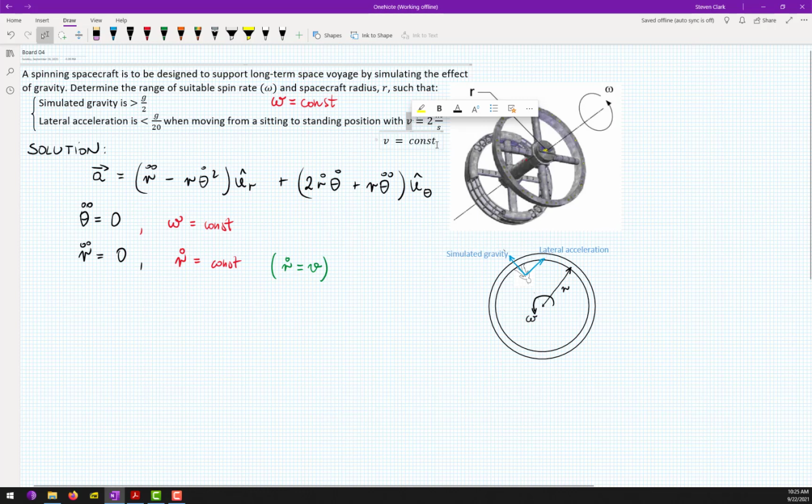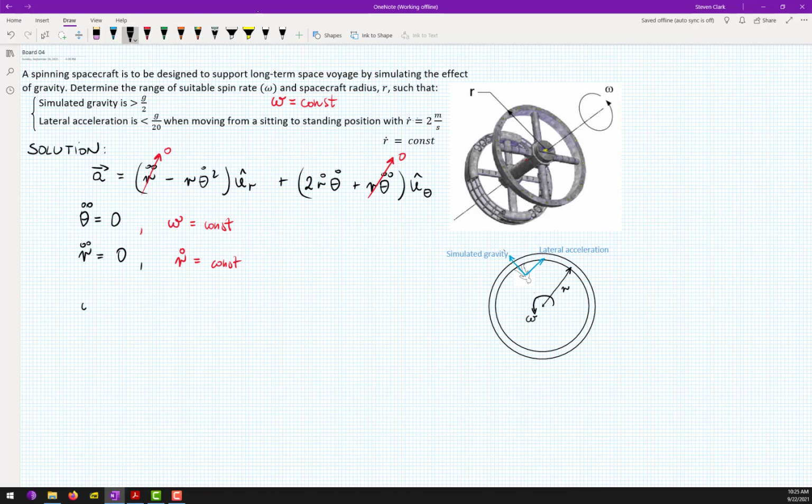R dot, okay? Because V is reserved for the magnitude of the entire vector. Sorry guys for that. So basically this is 0 and this is 0.